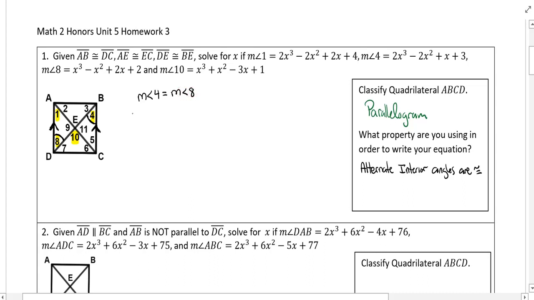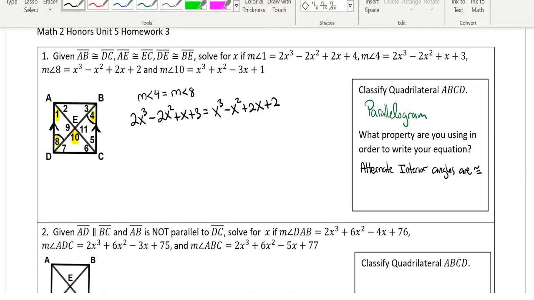So measure of angle 4 is 2x to the third minus 2x squared plus x plus 3. Measure of angle 8 is x to the third minus x squared plus 2x plus 2. You want to first set this equal to 0.